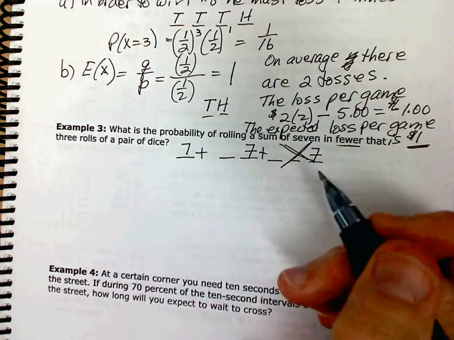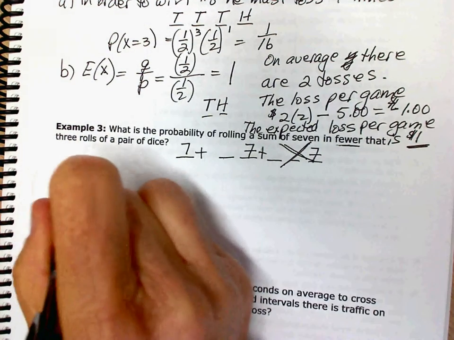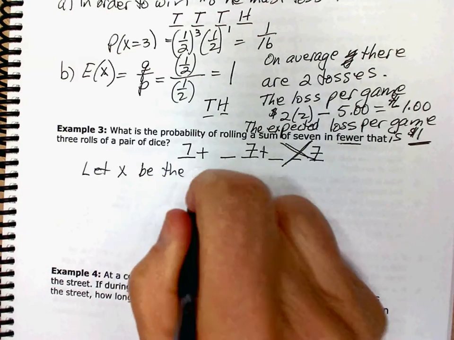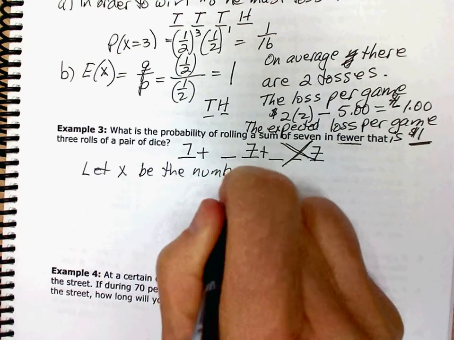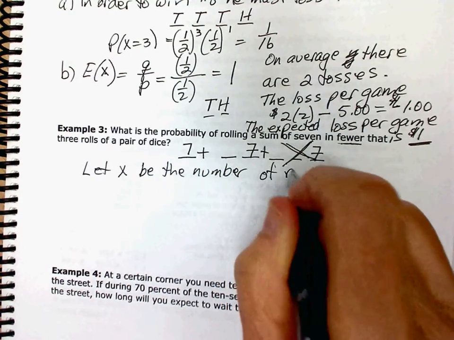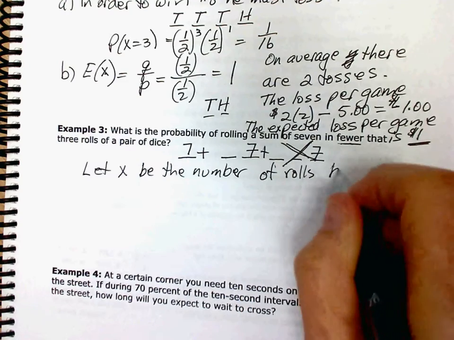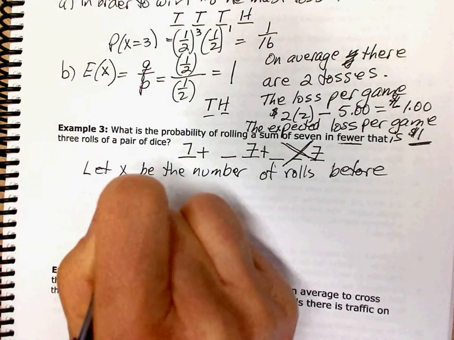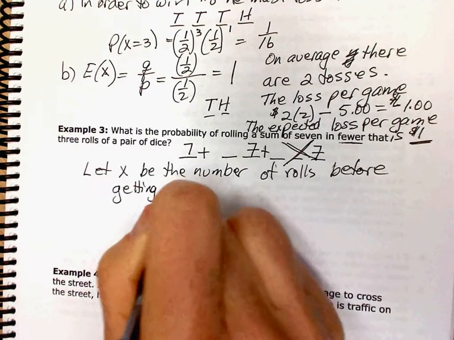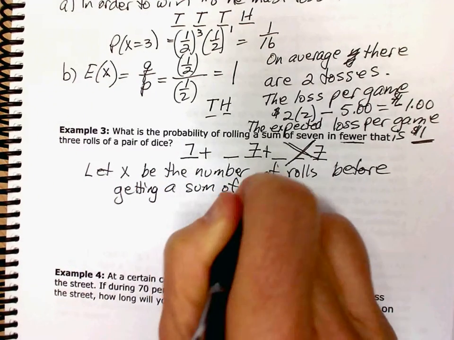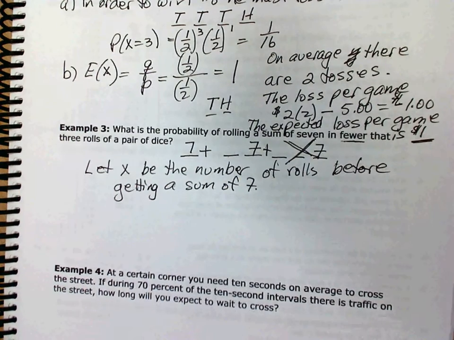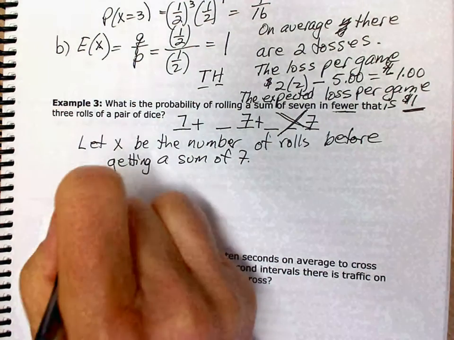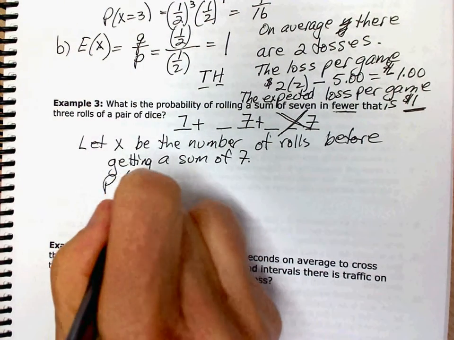So we want, okay, we'll say let X be the number of rolls before getting a sum of 7. So we want the probability X is less than or equal to 1, right?